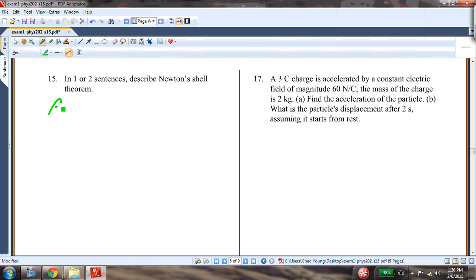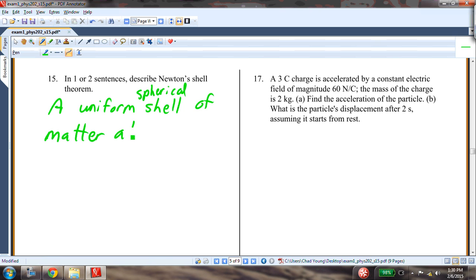So a uniform spherical shell of matter attracts a mass outside of that shell as if all the shell's mass were concentrated at its center.